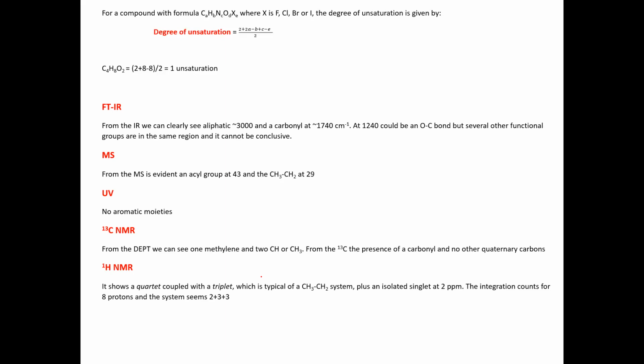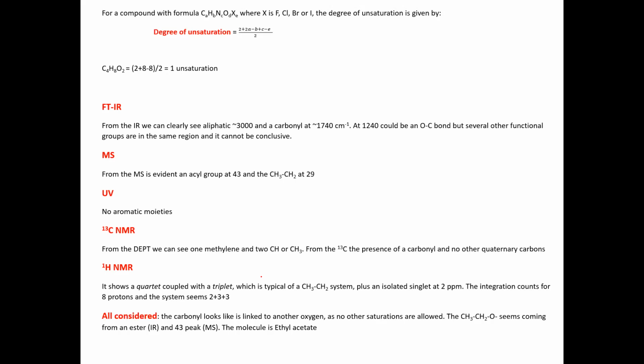The isolated peak at 2 ppm could initially be the methyl group. You need to tell me also all the integration: 8 protons, 3 different environments, 2 plus 3 plus 3. Then you should add this small paragraph, all considered.